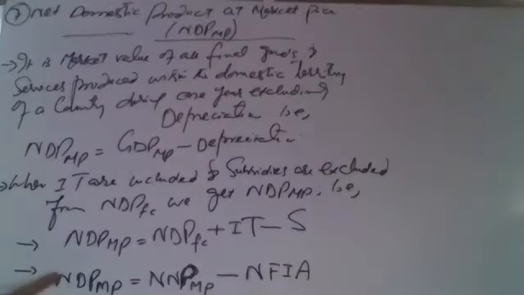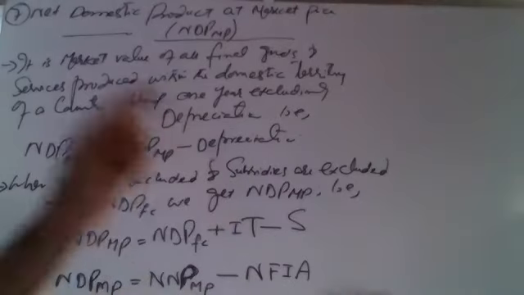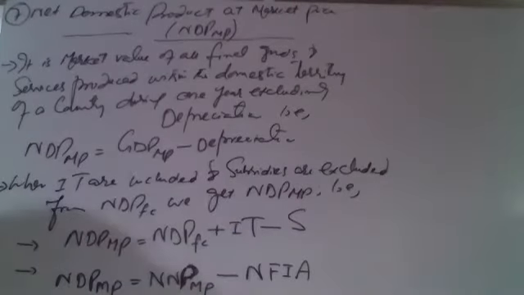So NDP at market price is equal to net national product at market price minus net factor income from abroad. The simple definition is the market value of all final goods and services produced within the domestic territory of a country during 1 year, excluding depreciation.